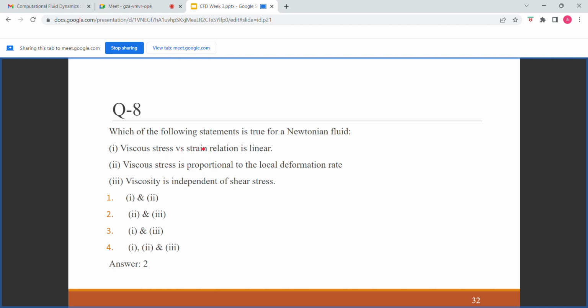Viscous stress versus strain rate relation is linear. Viscous stress is proportional to the local deformation rate. This is correct. Viscosity is independent of shear stress, which is also correct because viscosity remains constant. So options 2 and 3 are both right. So the answer is option 2.